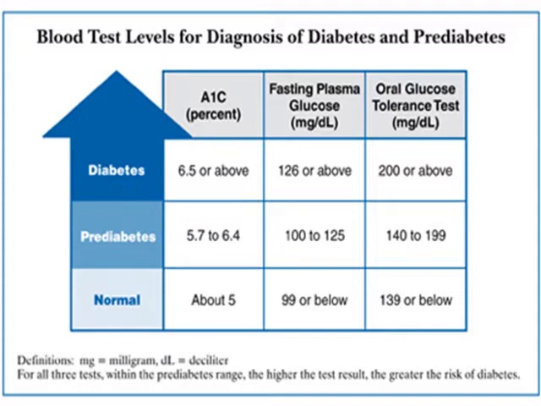If the patient has an HbA1c of 6.5 or above, or a fasting plasma glucose of 126 or above, or a postprandial glucose of 200 or above, the patient is regarded as diabetic.